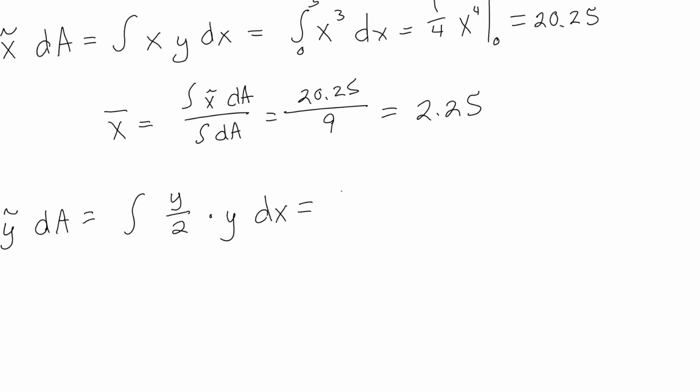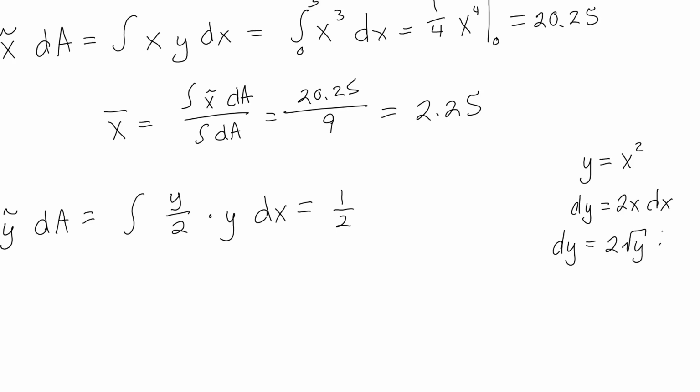I'm just going to be lazy and put everything in terms of dx, although I could say that y is equal to x squared, so dy is equal to 2x dx, and so dy is equal to 2 square root of y dx, so dx is equal to 1 over 2 square root of y dy. I don't want to do that. That just seems unnecessarily complicated when I could just leave everything in terms of x. So y squared is going to be x to the 4th.